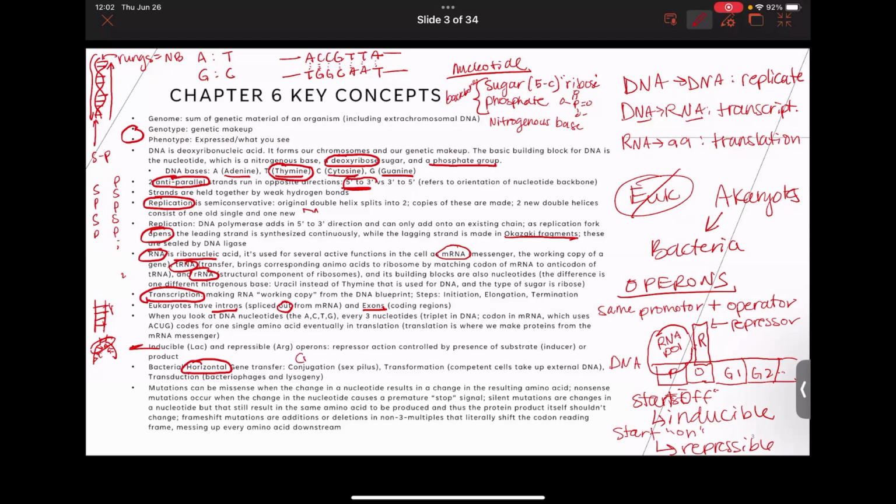The ones that we're worried about: conjugation, just like we think of conjugal visits in a prison or something like that. Conjugation, think of sex. Okay, so this happens through the sex pilus, and we learned about the pili, which is multiple pilus, in chapter 4. So this is a channel that some bacteria, usually gram-negatives, can form between their cells, and they can just shuttle DNA through them. And they can make whole copies of whole plasmids.